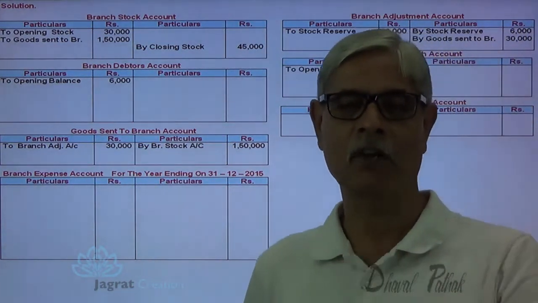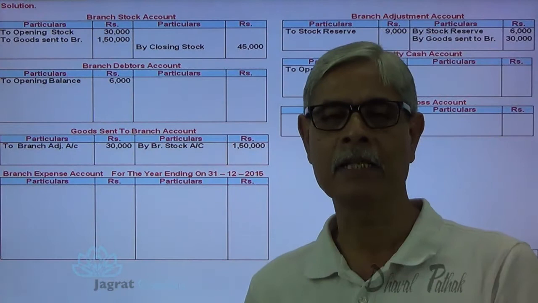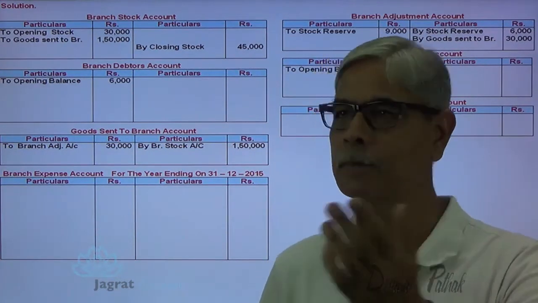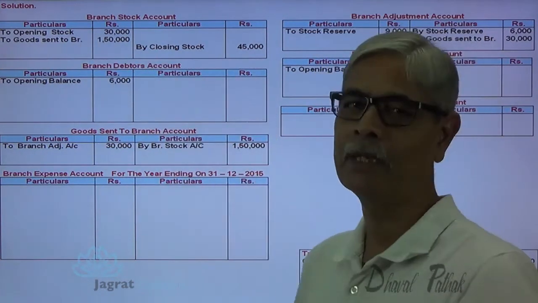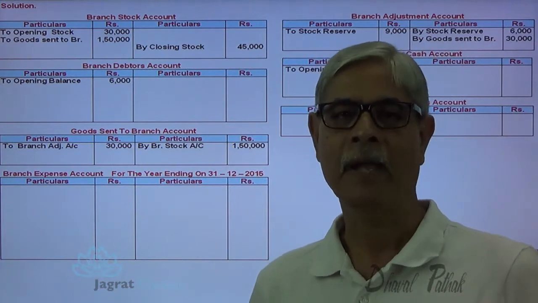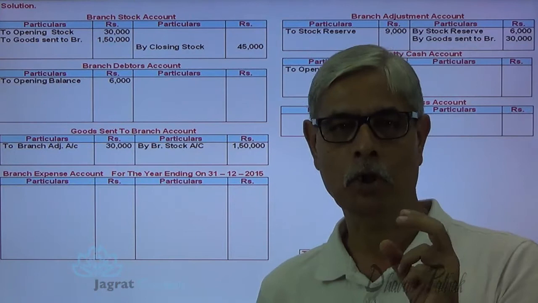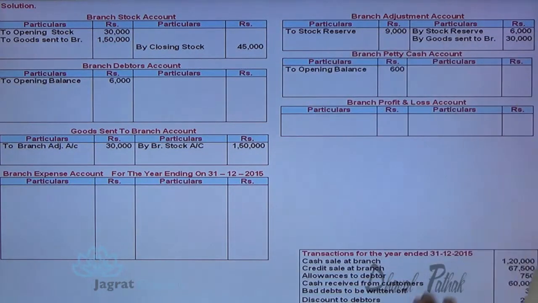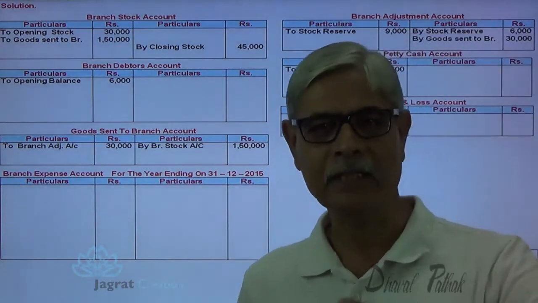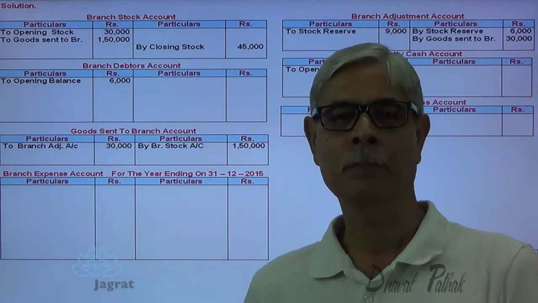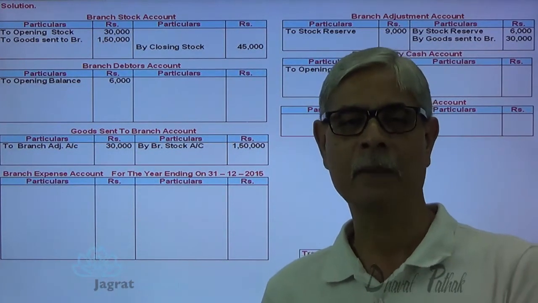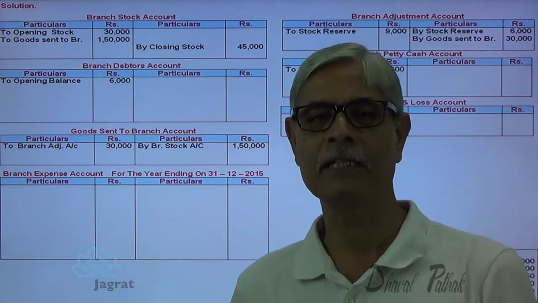Whatever profit is fetched by the branch manager by selling goods above invoice price, that gross profit will be disclosed in branch stock account, and the difference between cost and invoice price, that's gross profit, will be disclosed in this branch adjustment account. Both types of gross profit will be transferred to profit and loss account. From that, expenses will be deducted and the net profit is going to be found out.